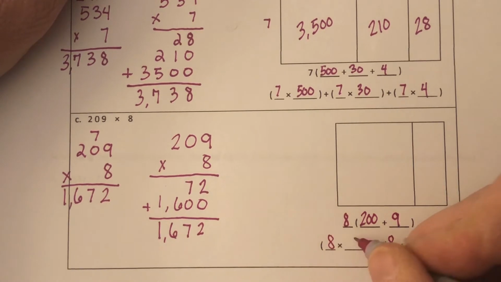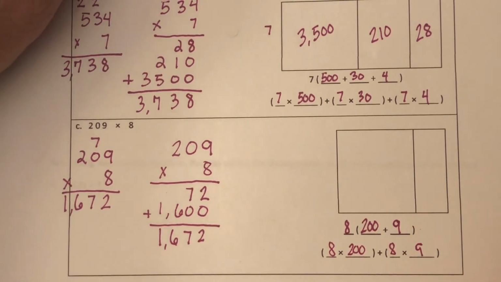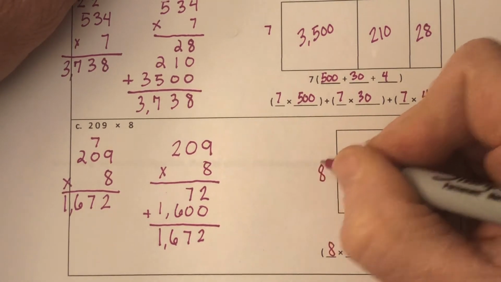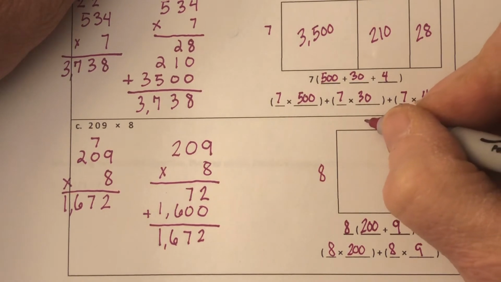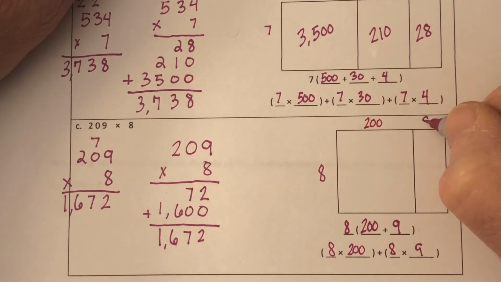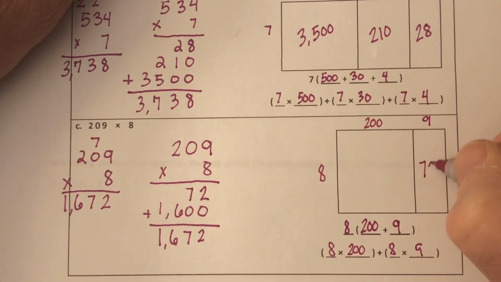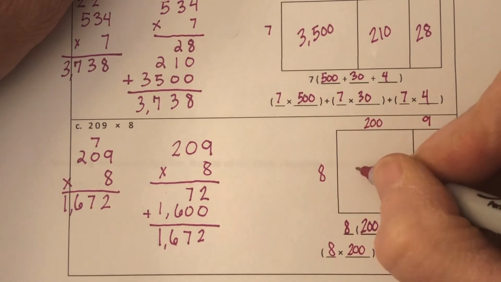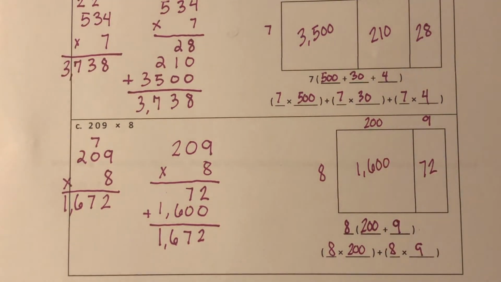And then 8 times 200, multiply that. And here's our area model. So this 8 is the rows here, okay? And this here would be 200, and this here would be 9. So 8 times 9, we just said that was 72. 8 times 200 was 1,600. That goes right there like that, okay?